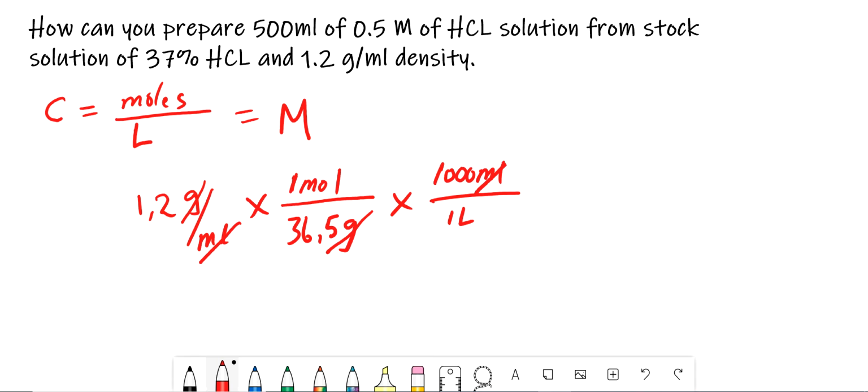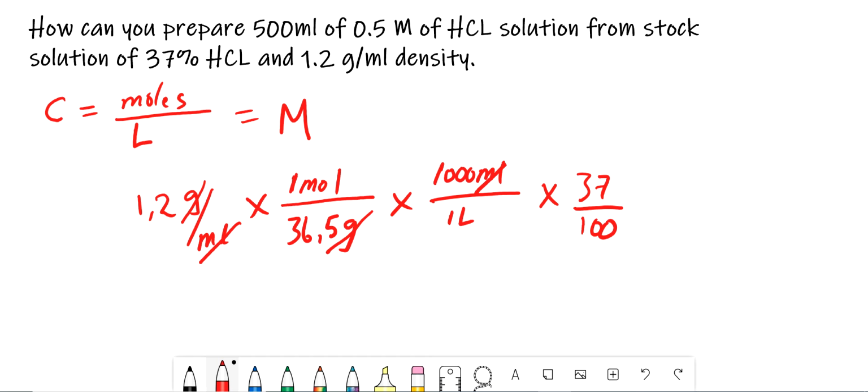But in this case, you are told that the concentration of the acid is 37%. All right, so you have to keep that in mind. So here we will multiply by 37%. So 37% is the same as 37 divided by 100.